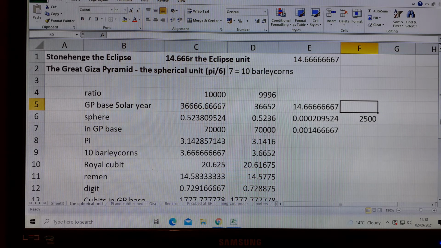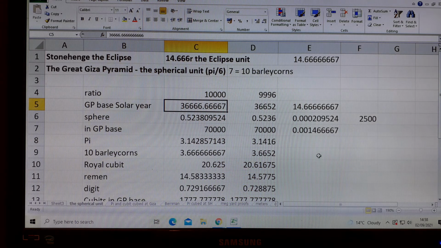We know the Giza base, when it's this number, is there because there are 25 eclipse units in 366.666, which is a solar year. And if we multiply that by 24 and divide it by 25, we get 352. And there are 24 eclipse units in 352, which is a lunar eclipse year. And that's how the eclipse was calculated by these people.